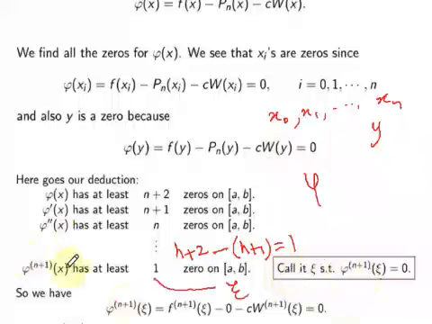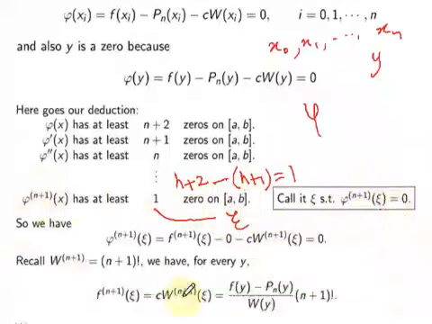So we know that there exists a number psi, a zero in between a and b. Let's denote that zero as psi. Then we can say there exists a point in between a and b such that this function vanishes at that point, right?